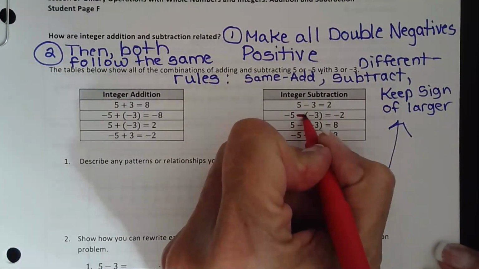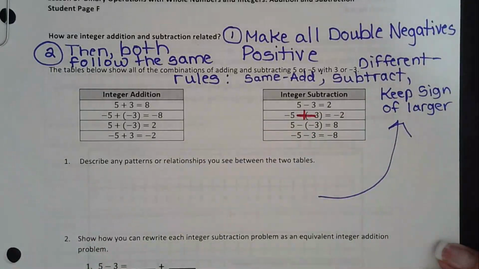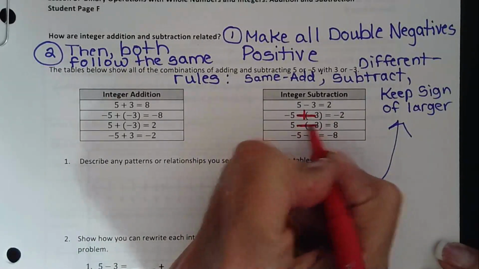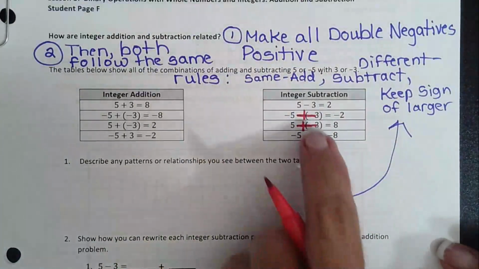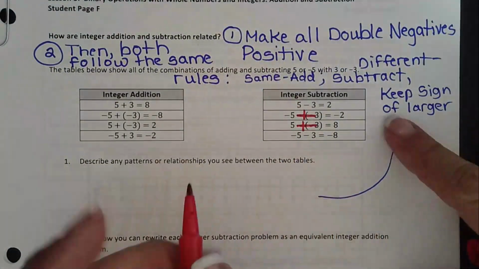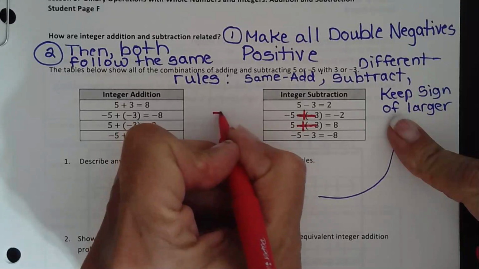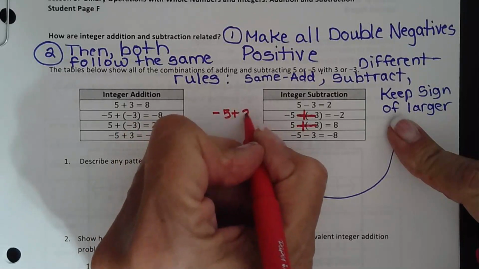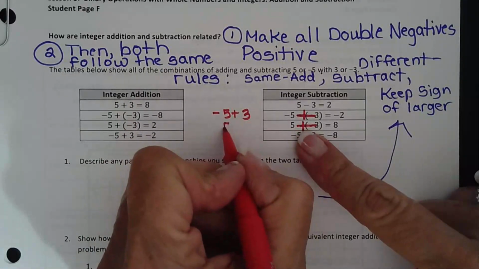So double negative, positive. Double negative, positive. So no more double negatives here. This one doesn't have any, this one doesn't. So I'm going to rewrite this as negative 5 plus 3, and I'm going to rewrite this as 5 plus 3.